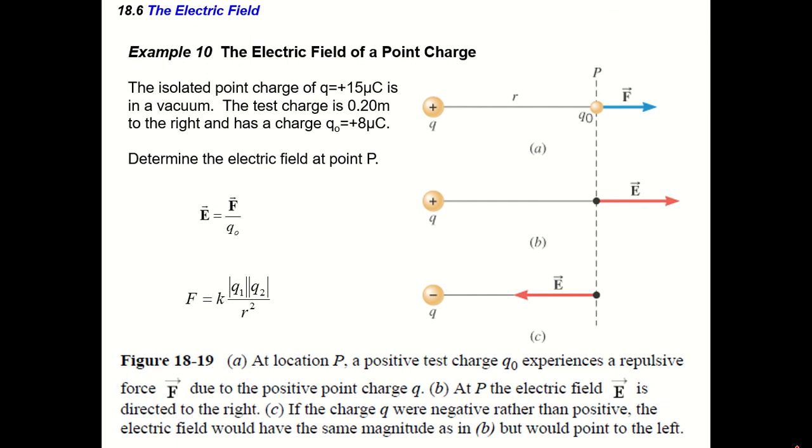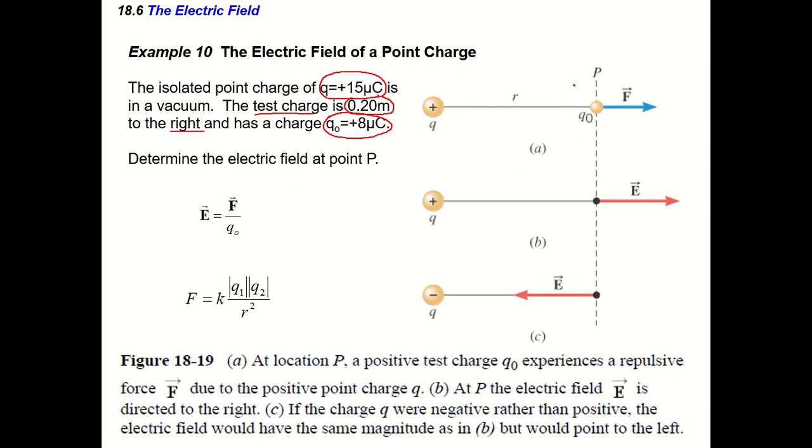You have here an isolated point charge Q, given as 15 microcoulomb, and the test charge is 0.20 meter to the right and has a charge Q sub 0 equal to 8 microcoulomb.